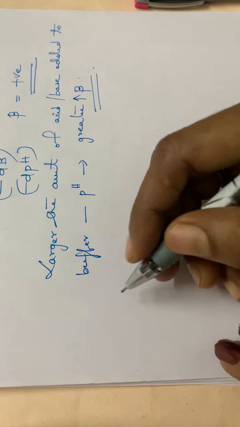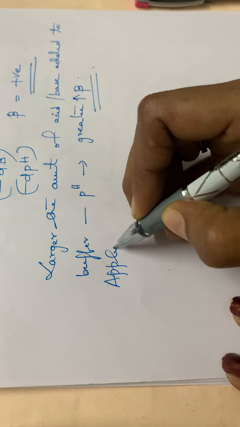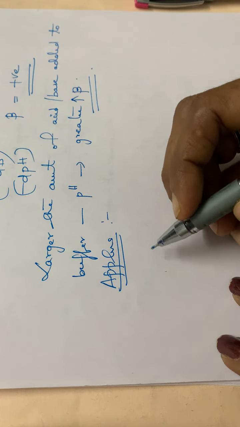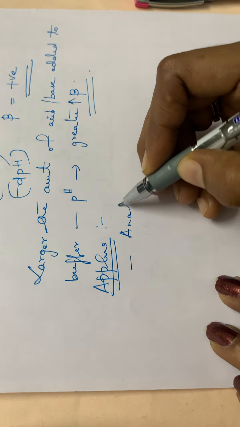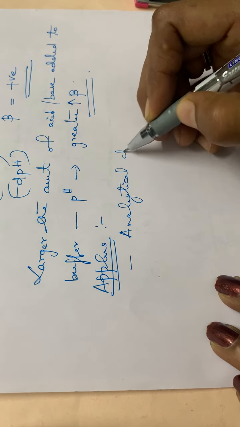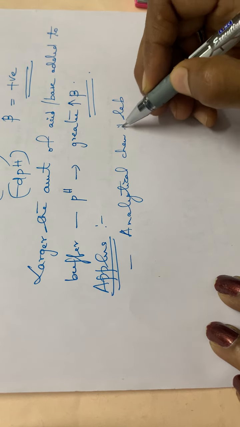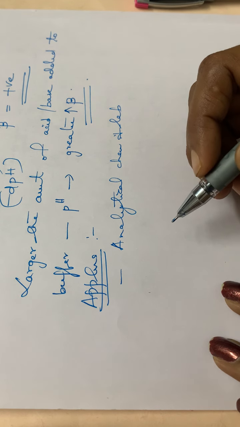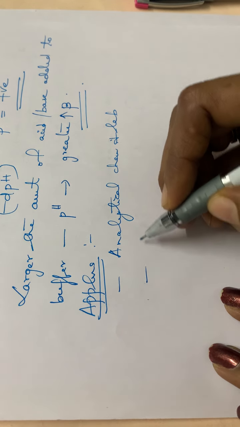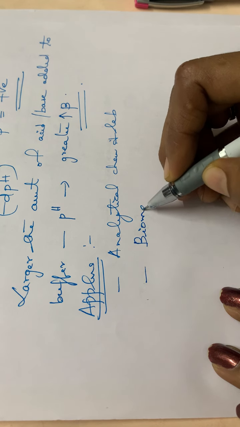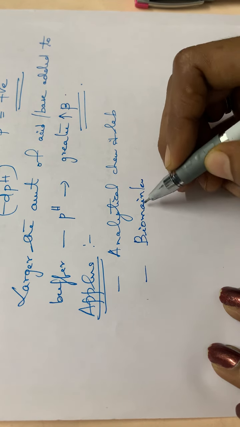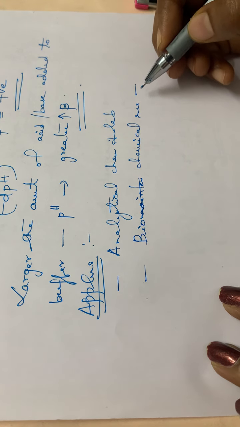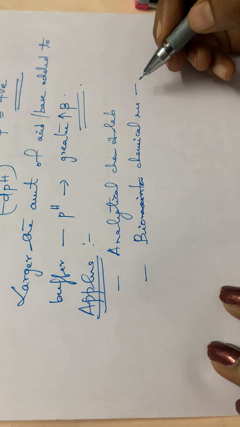Next is the applications of buffer solution. Normally this buffer solution is used in analytical chemistry and lab work, and also in biochemical reactions. Biochemical reactions need maintenance of pH, so it is used for keeping the pH values constant.